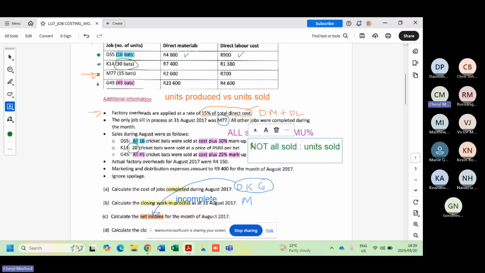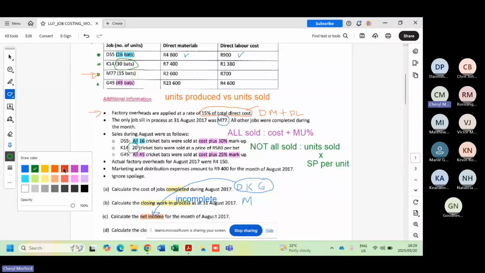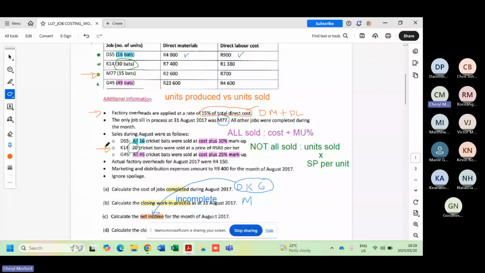Sorry, I'm just moving the cursor here. The units sold times the selling price per unit. And that selling price per unit will be given. Can we find it? Let's have a look. I'm sure we will be able to. Have a look here. It said there, 20 cricket bats were sold.